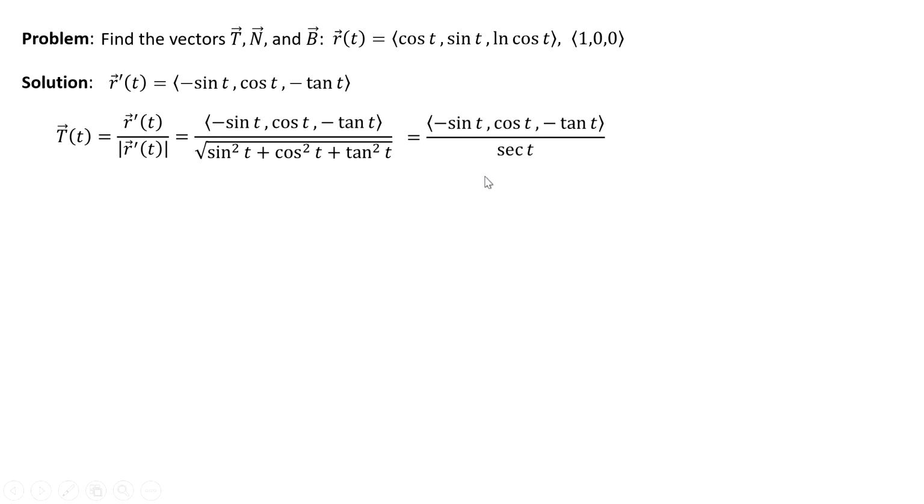Anyway. So, sine t over secant t is the same as sine t times cosine t. Right? Cosine t over secant t is cosine t times cosine t. Makes this cosine squared t. And so on.